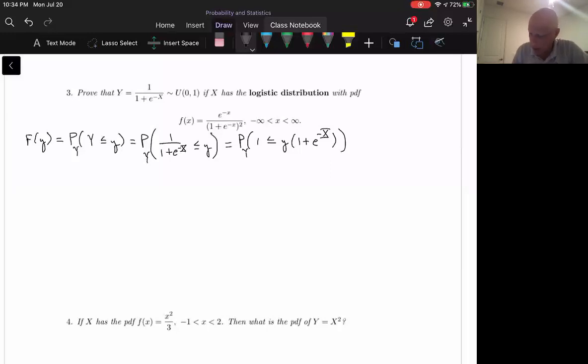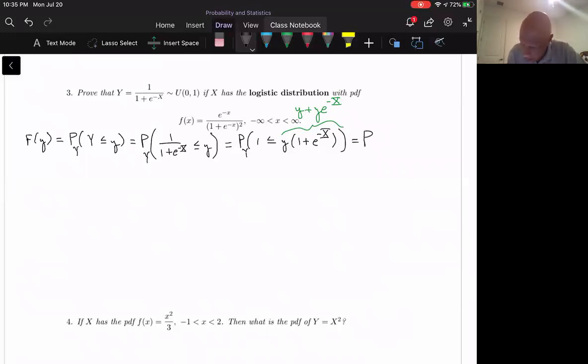Then let me multiply through by y. That'll give me y plus y e to the negative x. So I'm going to bring the y to the left, and I'm going to flip because I want my random variable on the left side. It's just poor grammar to have it on the right.